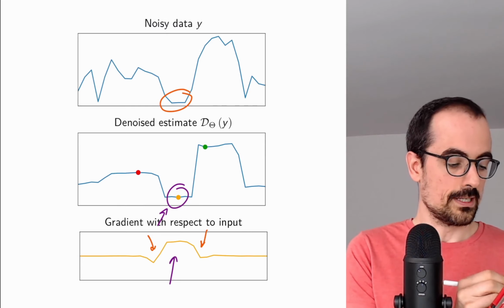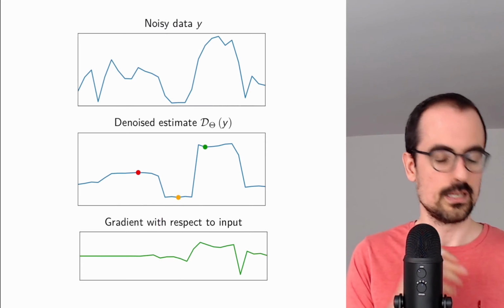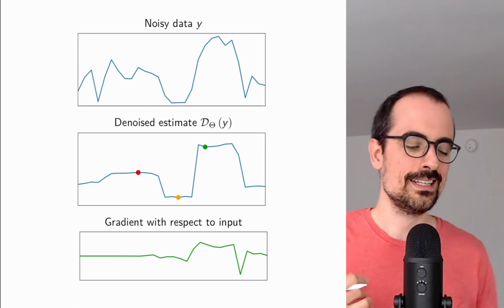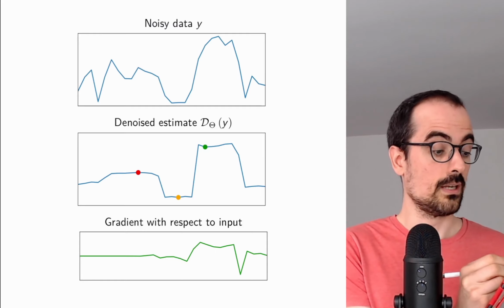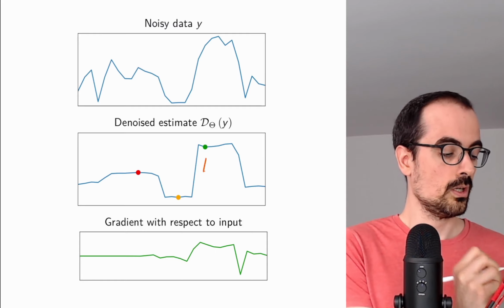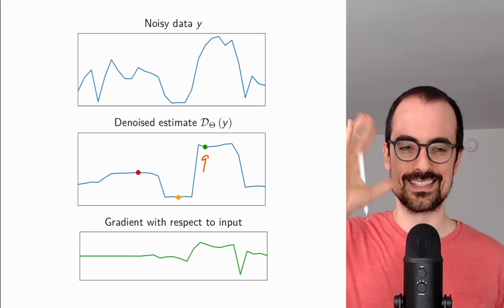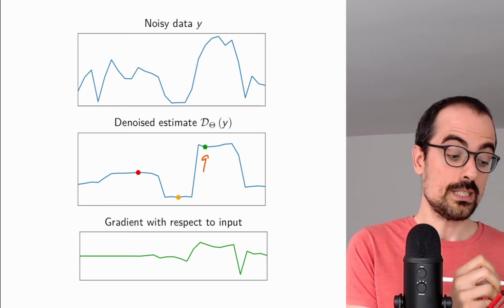Let's see what the gradient of this output is with respect to the input. I got a bit blocked there, and we see something very similar.